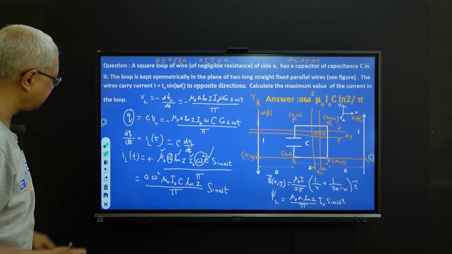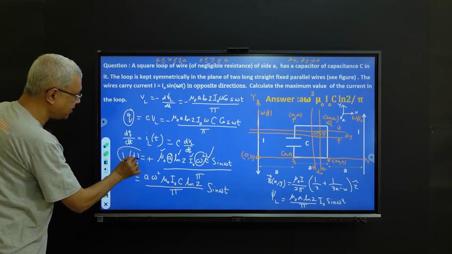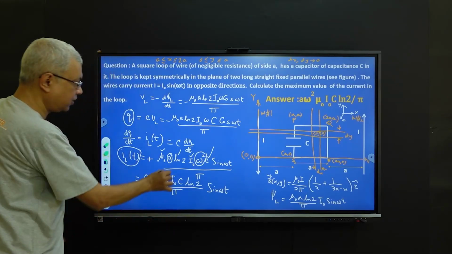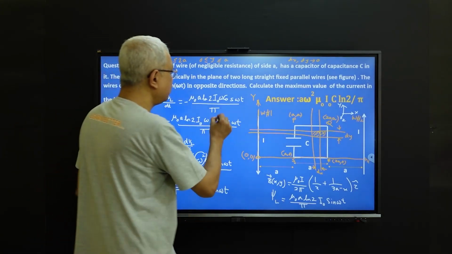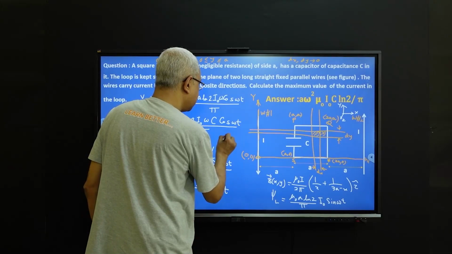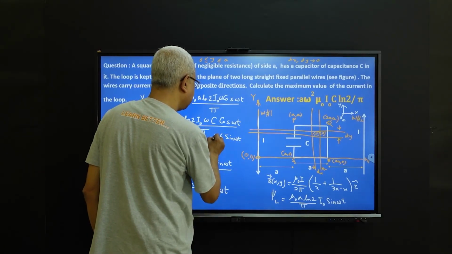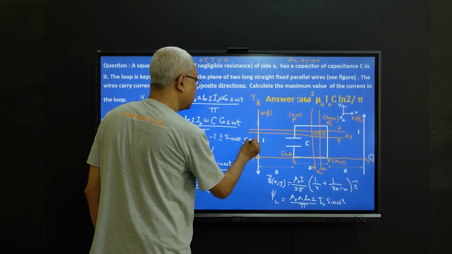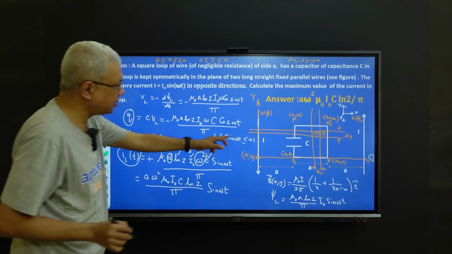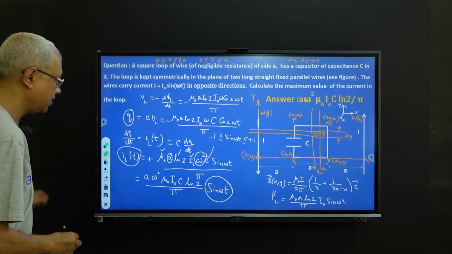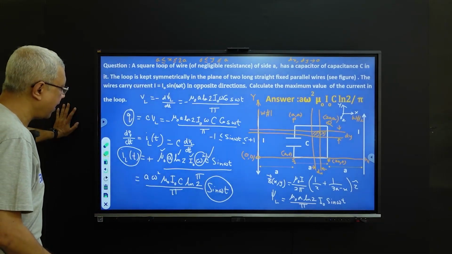So what is the maximum value of IL t? IL t's expression is time dependent and it depends on a sin omega t function, and you know sin omega t is a time dependent function, its value lies in the range -1 to +1 always. So maximum value of sin omega t is +1. When this quantity becomes +1, I get the maximum value of IL.